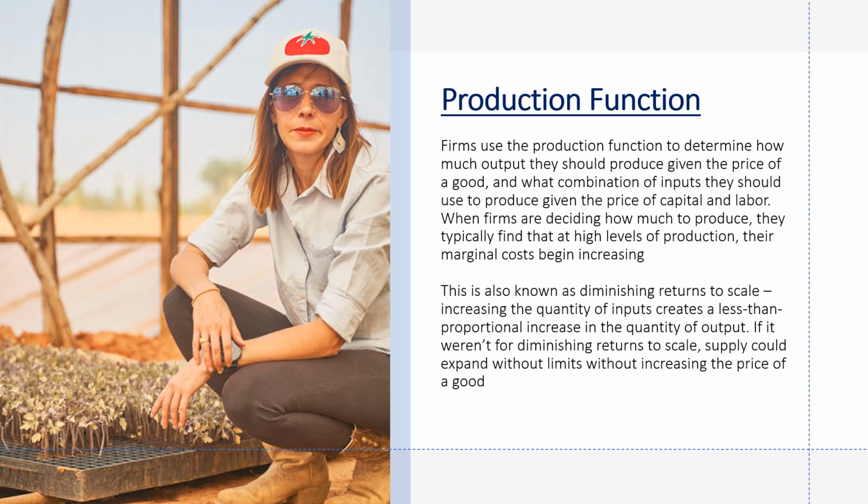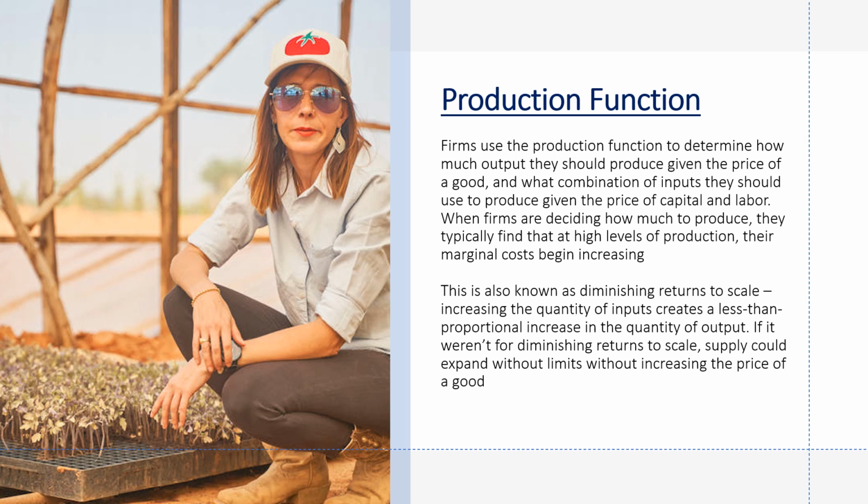But first I'll introduce the idea of production function. So firms use production function to determine how much output they should produce given the price of a good. So the production function is what Mira is going to be using to determine how much tomato paste she should produce based around the price that she can sell tomato paste in the market.